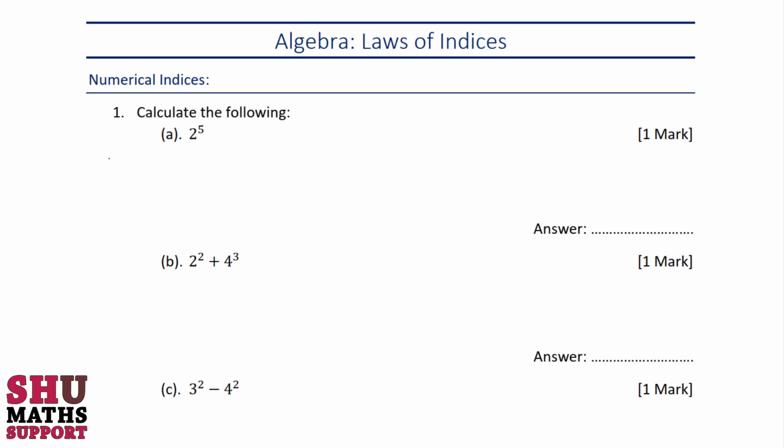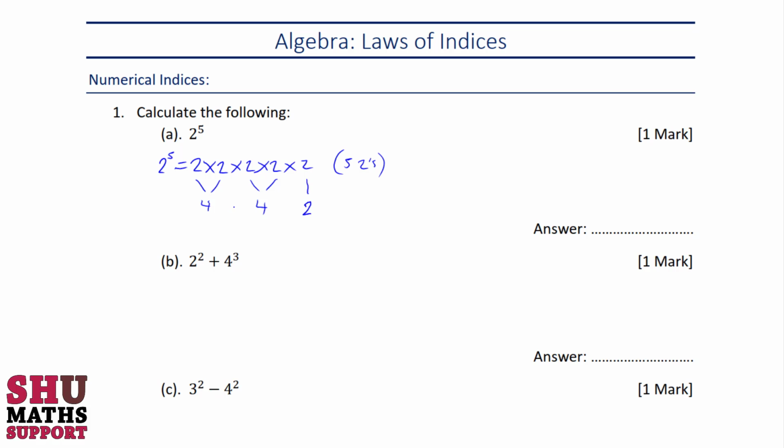Now the first question asks us to calculate the following expressions, and the first expression we have is 2 to the power of 5. So we have 2 to the power of 5 is equal to, and another way of writing this is 2 times 2 times 2 times 2 times 2. So we have 5 lots of 2's. We can simplify 2 times 2 to get 4, and then 2 times 2 to get 4 as well, and then we're left with 2.